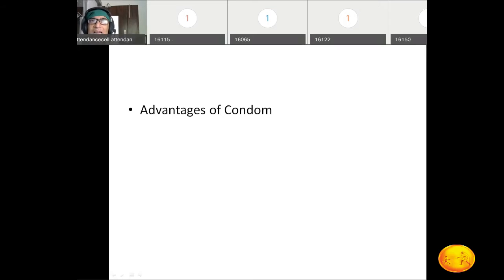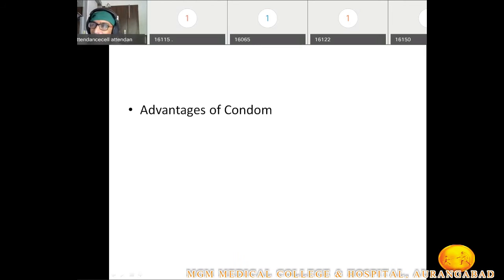Compare the commercial brands of Nirodh with the commercial brands of OC pills. Do you know about this? Probably no. So I will tell you, generally, the cheaper commercial brand of OC pills, like Oral-L, costs around 90 rupees per kit, per one month pack.